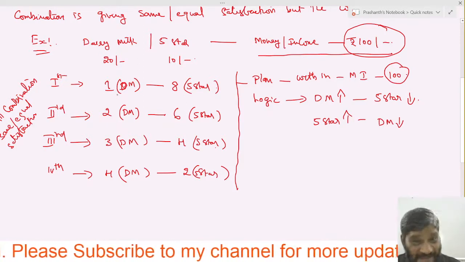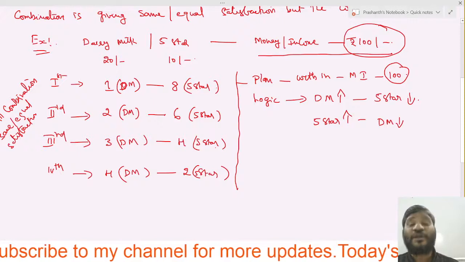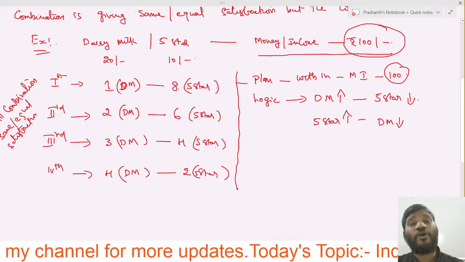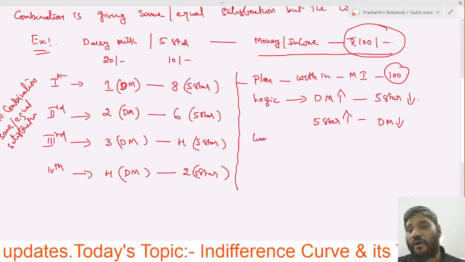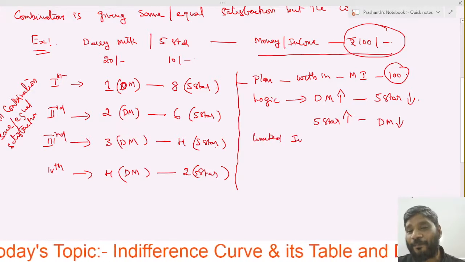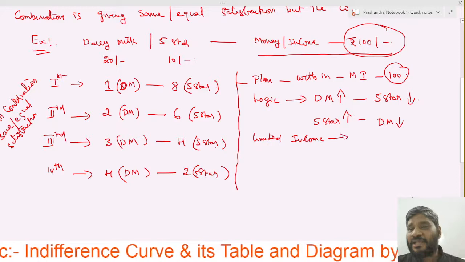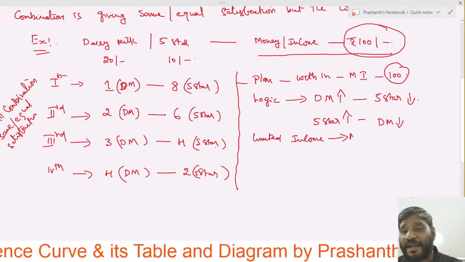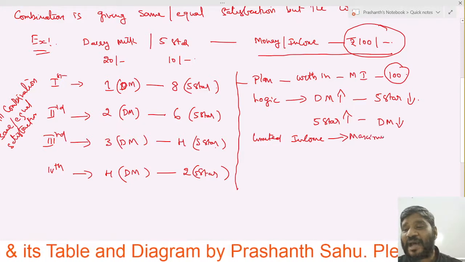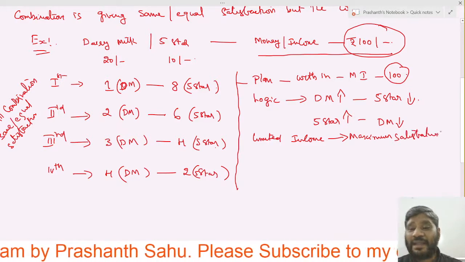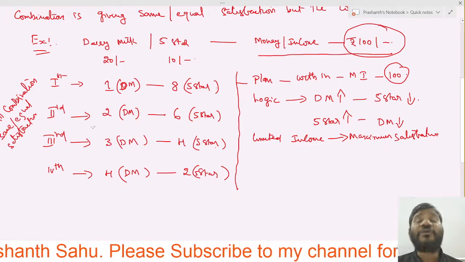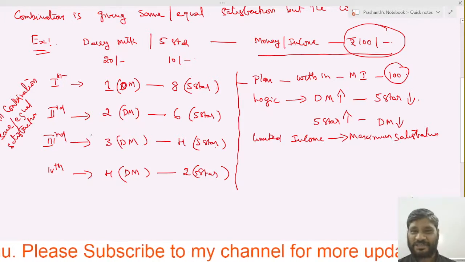If he decreases the Dairy Milk from 2 to 1, then only he can increase the 5-Star from 6 to 8. Why? Because of limited income. In the previous discussion, we saw that with that limited income only he has to get the maximum satisfaction, and he does the planning and prepares combinations under the indifference curve.